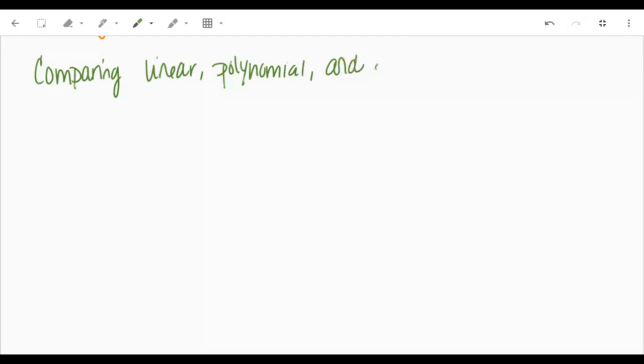We have comparing linear, polynomial, and exponential functions.